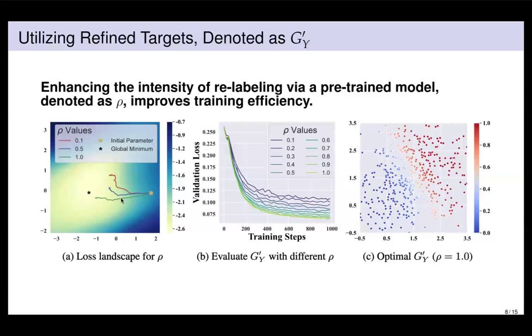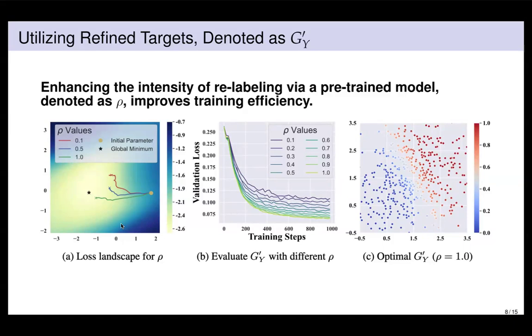You can see in figure A, when rho equals 1.0, that means all the labels are relabeled using the pre-trained model.